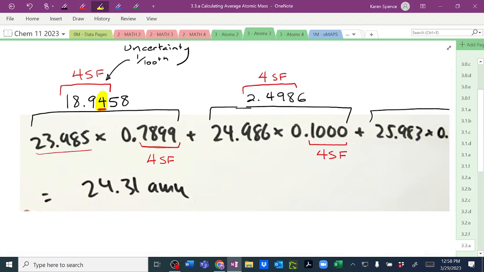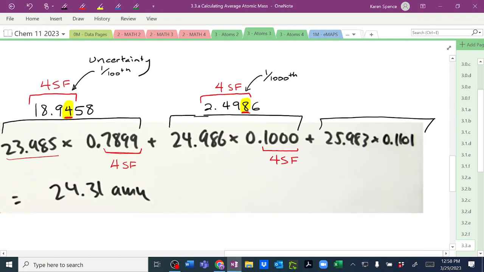So who is the uncertain digit in the 2.4986? The 8. That is our uncertain digit. So we have uncertainty, this time not in the hundredths, but in the thousandths place.